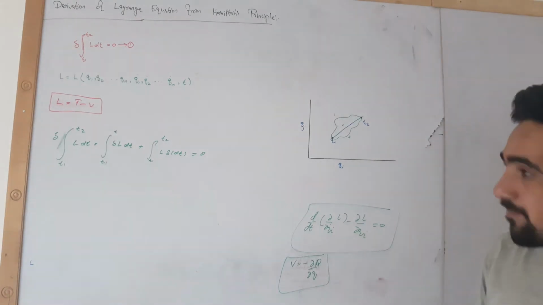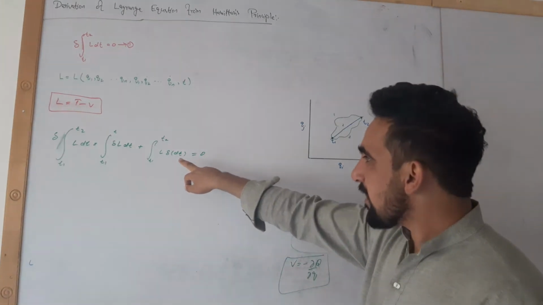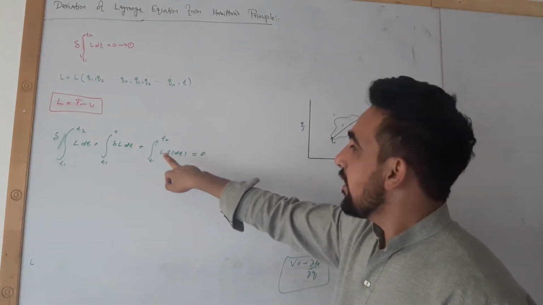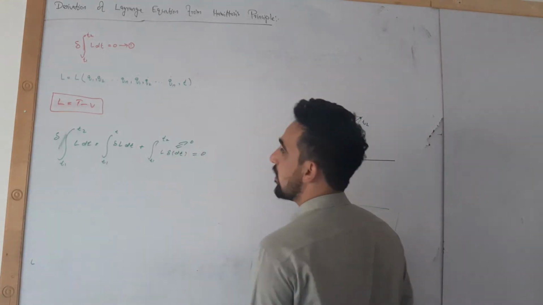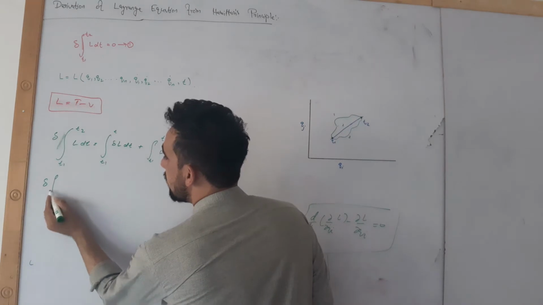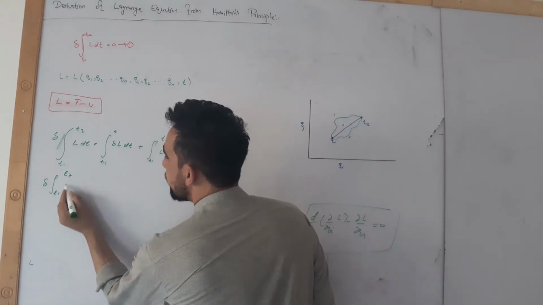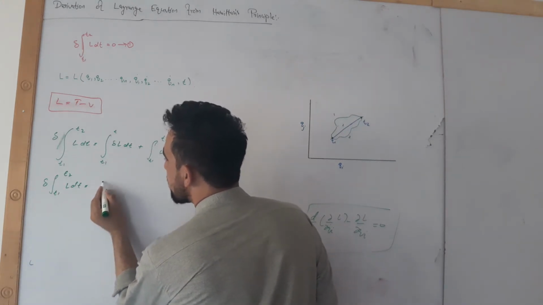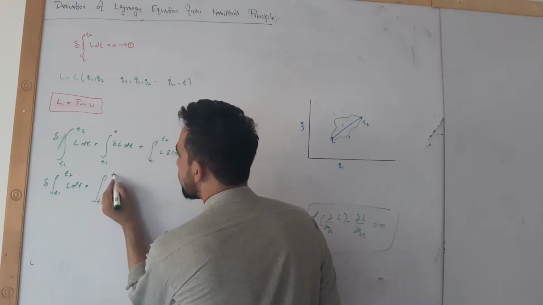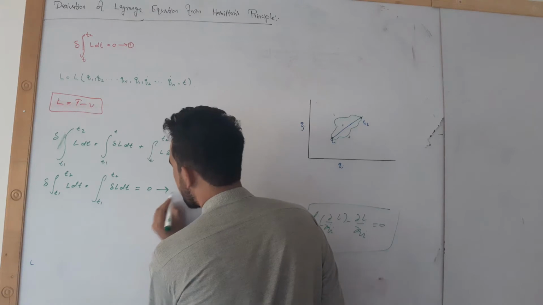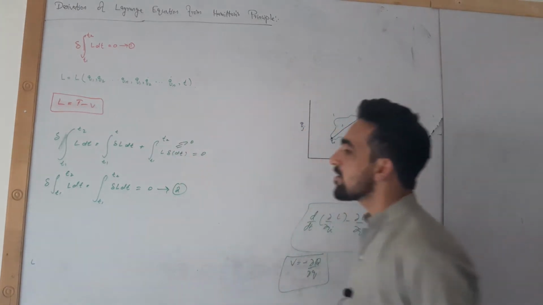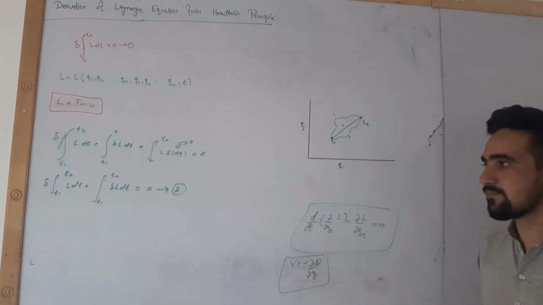In the second term, with respect to the generalized coordinates, there is no variation in time, so it is 0. So the integral becomes integral from t1 to t2 of δL dt equal to 0, and this is our equation number 2.